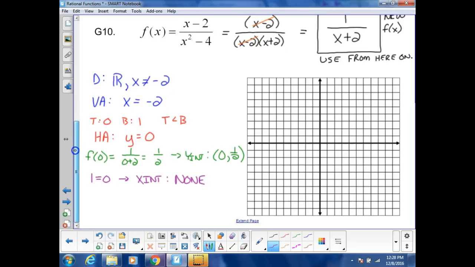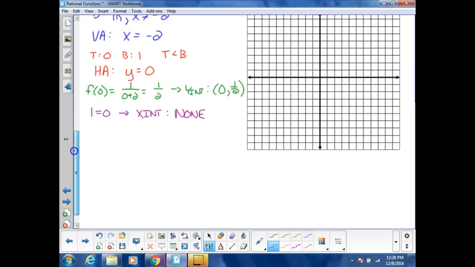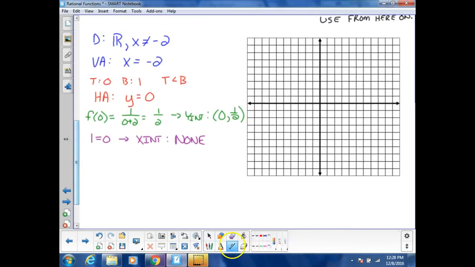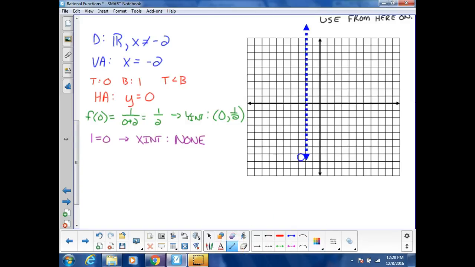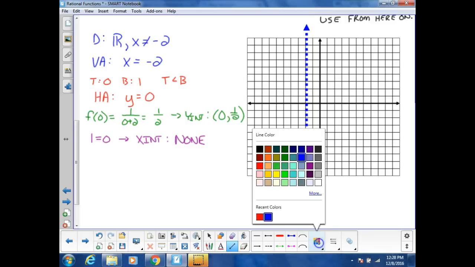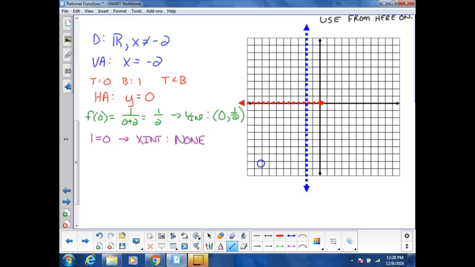Okay. Let's put all that stuff on there. Now, I had a common factor, because I factored something out.